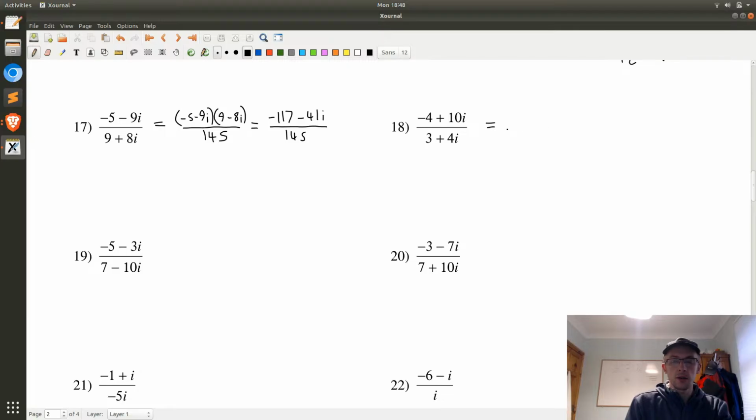Here, denominator, 25, simple, 9 and 16, 25.